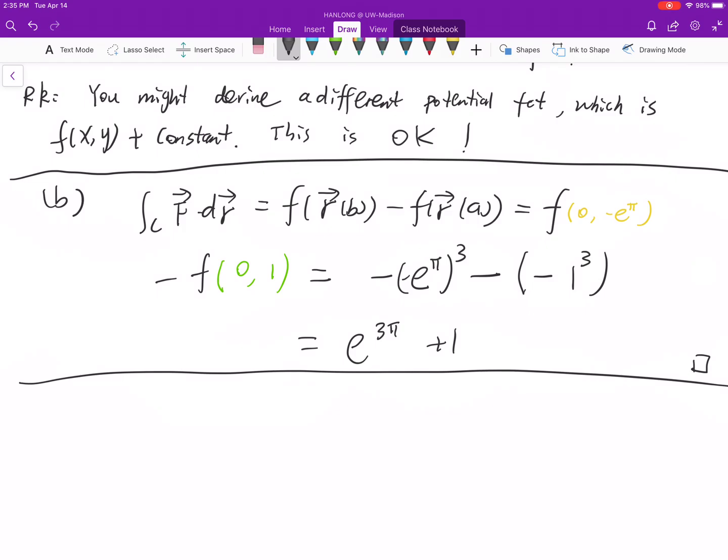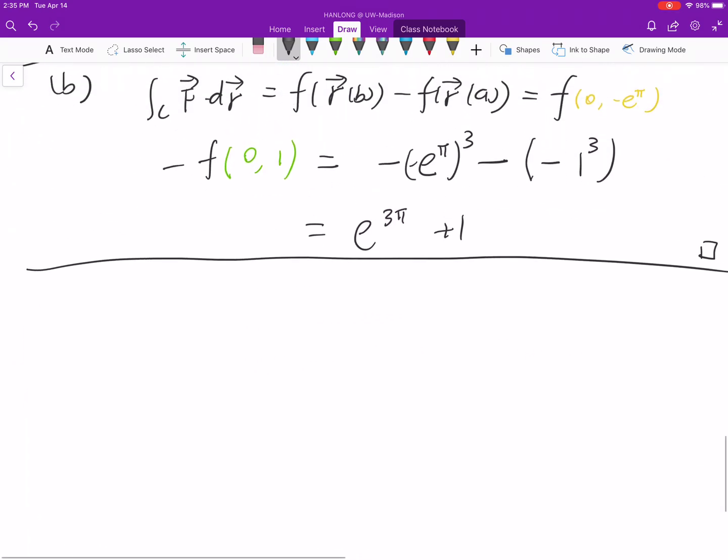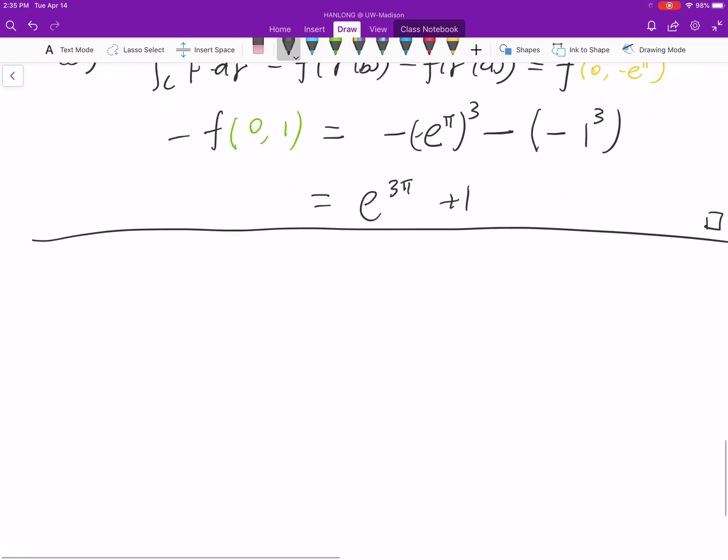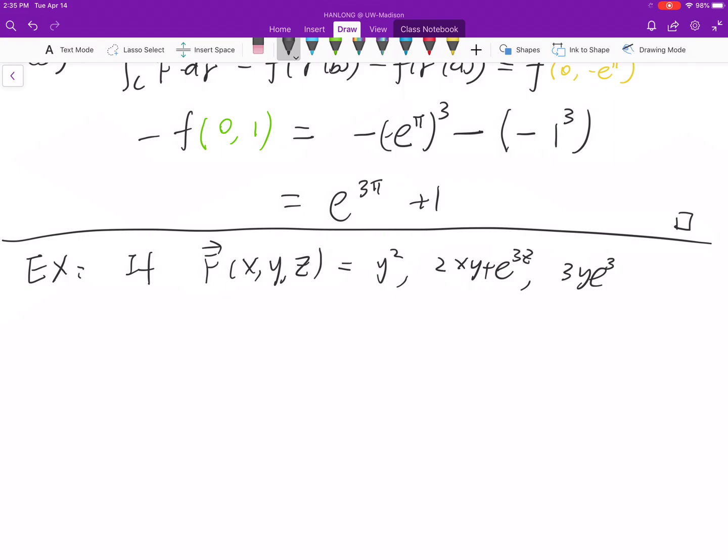Okay, now let's look at another example in 3D. So if capital F of x, y, z is given by y squared, 2xy plus e to the 3z, 3y e to the 3z.